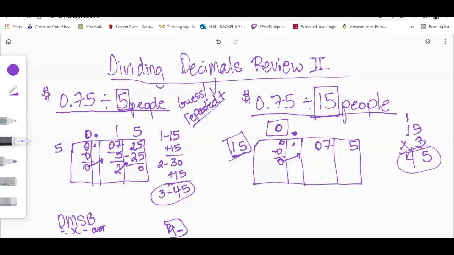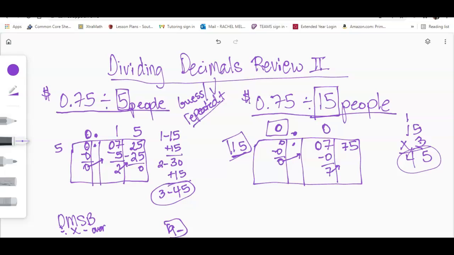If I have 7 dimes but I have 15 people, there is no way I can cut those dimes up to give all 15 people a dime. So that's 0 groups. I do my subtracting and I bring this over. In essence, now I have 75 pennies.